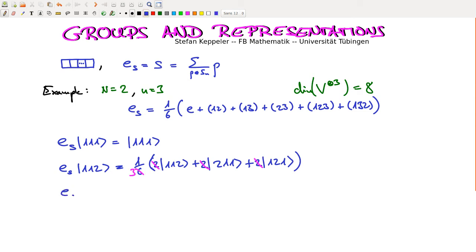Similarly, if we exchange all the 1s for 2s and the 2 for a 1, then we get 1 over 3 times (2, 2, 1 plus 2, 1, 2 plus 1, 2, 2).